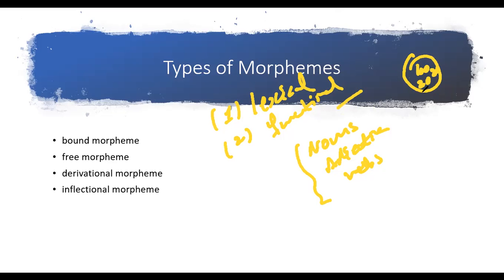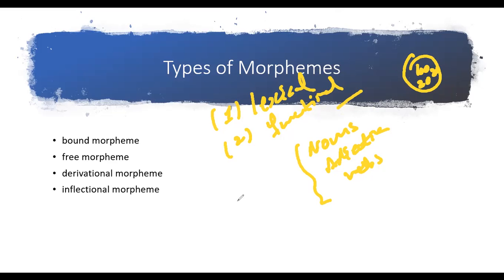So that means there is no limit. We can have as many nouns as possible in a language, as many adjectives as possible, as many verbs as possible. Especially, I'm right now talking with reference to English.